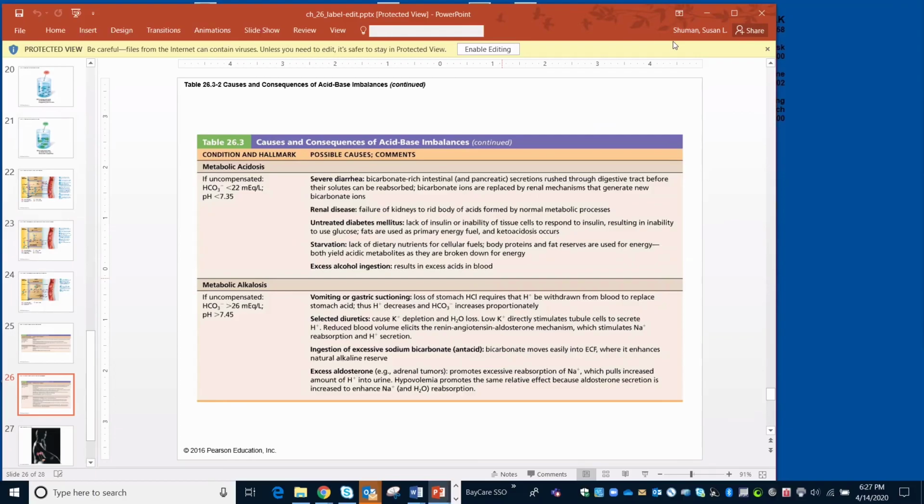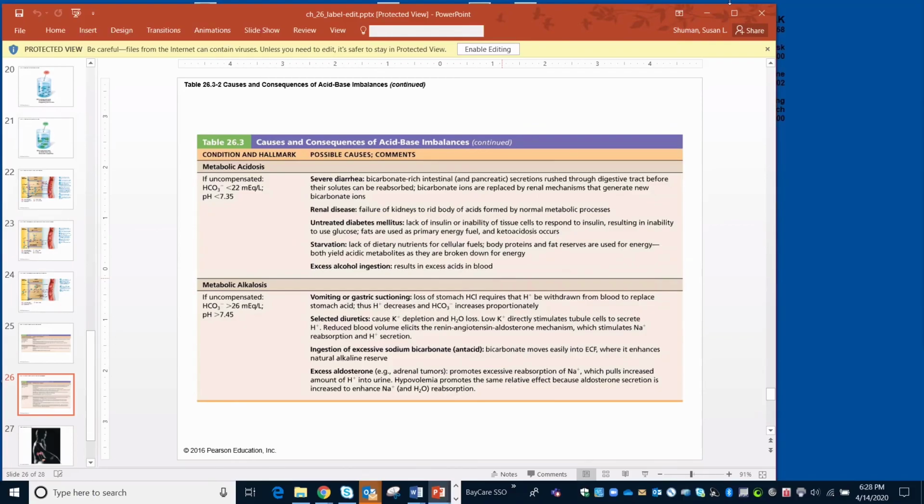Then my carbon dioxide is 49. High, low, or normal? High. My bicarb is 29. High, low, or normal? High. So I have alkalosis in parentheses, but I'm in the normal range. So who is causing this?